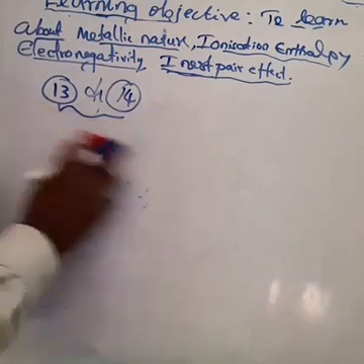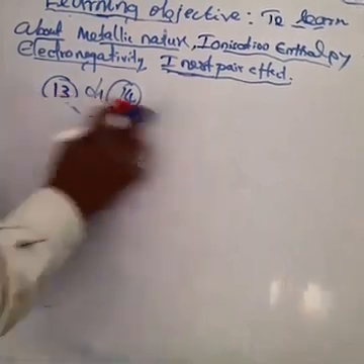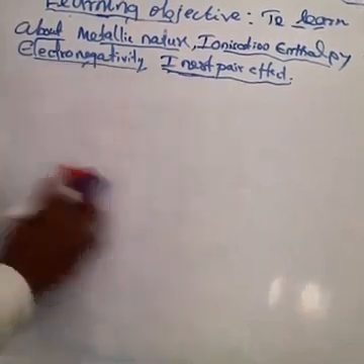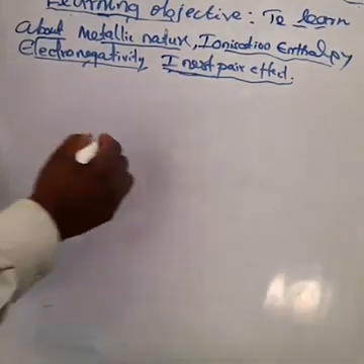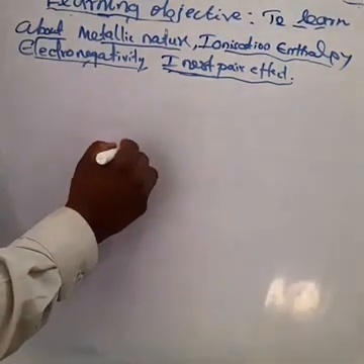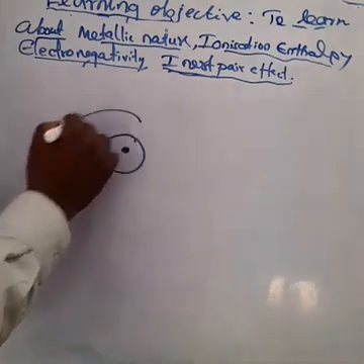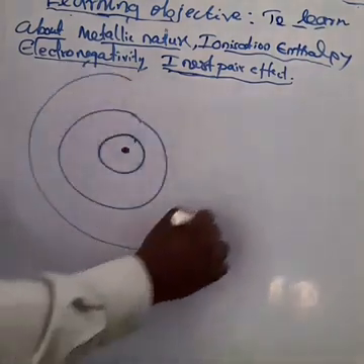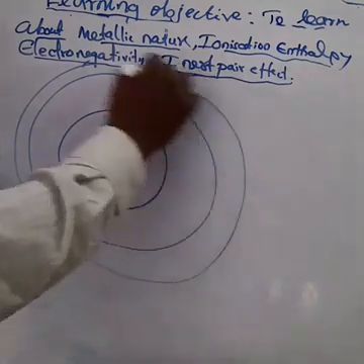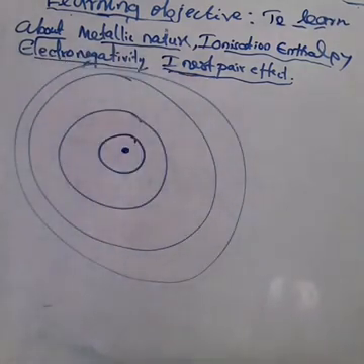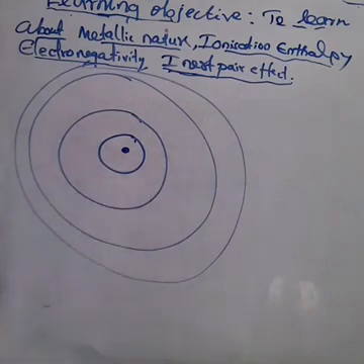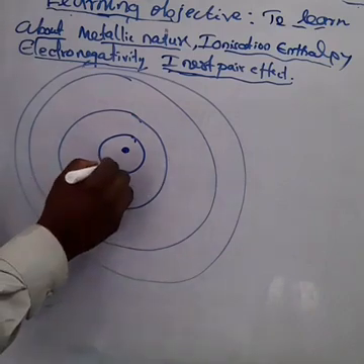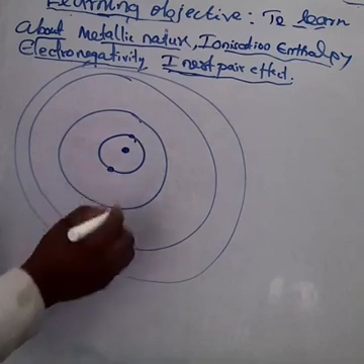For example, this is a nucleus, first shell, second shell, third shell, fourth shell, and so on. Imagine this is the outermost shell. The first shell can accommodate 2 electrons. The second shell can accommodate 8 electrons.